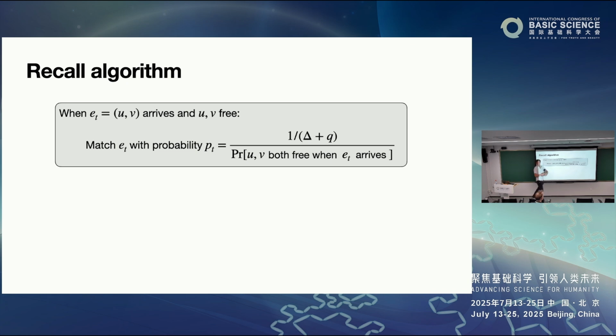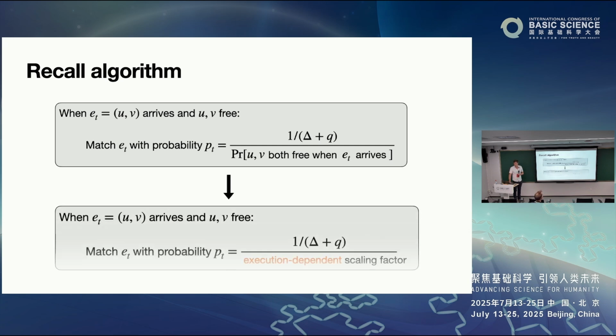You would need to simulate the algorithm over all the random bits. I don't know how to calculate this efficiently. Or is it actually the probability that U and V are free in the actual execution? There are two different ways of implementing this idea, and what we will do is this execution-dependent scaling.